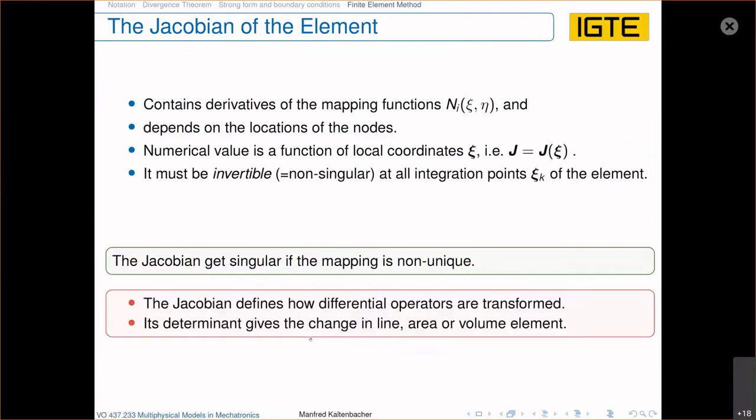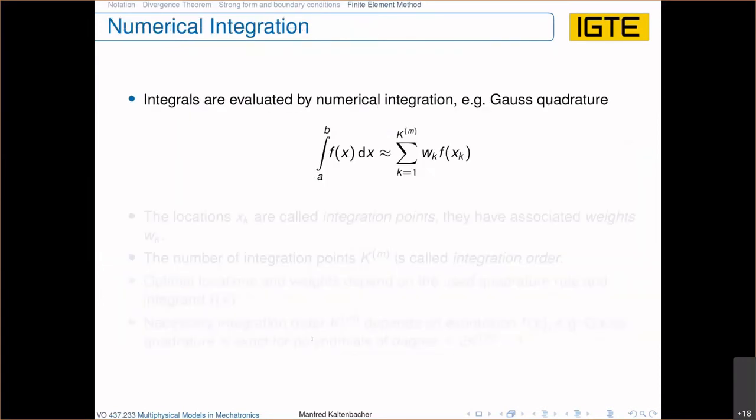Okay, so in this sense, the Jacobian defines how differential operators are transformed, as we have seen, and clearly its determinant also gives the change in a line, surface or volume integral, which we have to evaluate in order to get the entries of our system matrix. Now, clearly for simple functions, we could do the integration by evaluating them analytically.